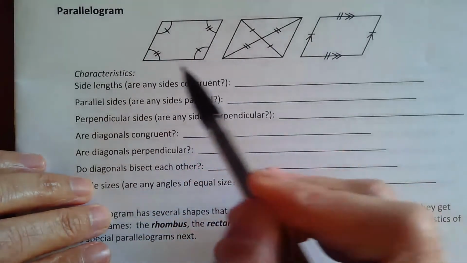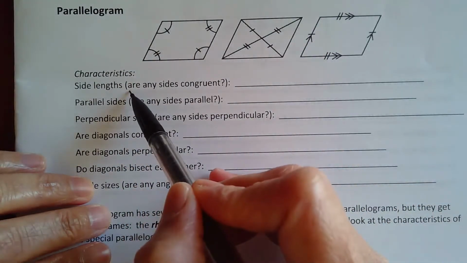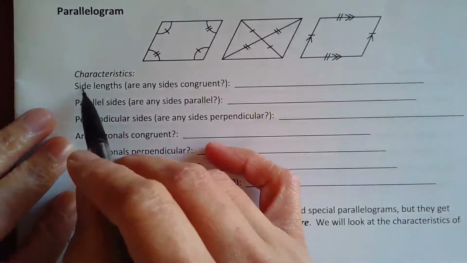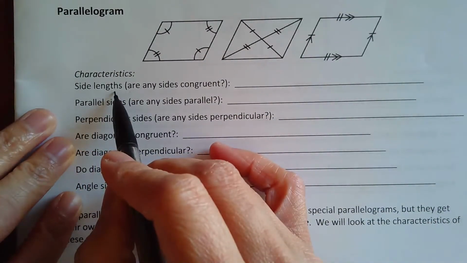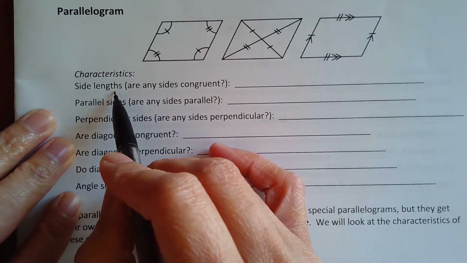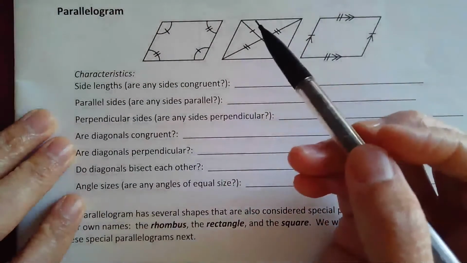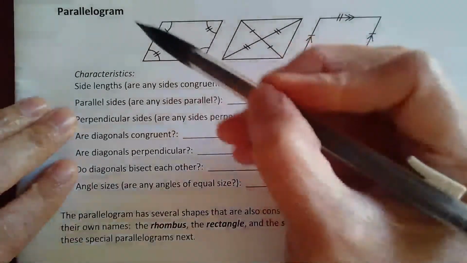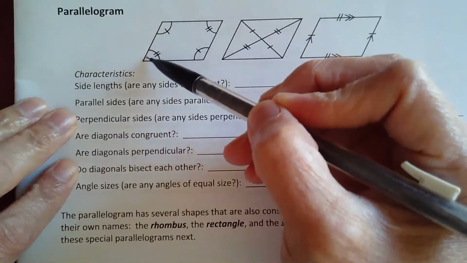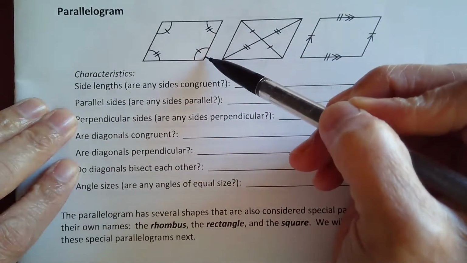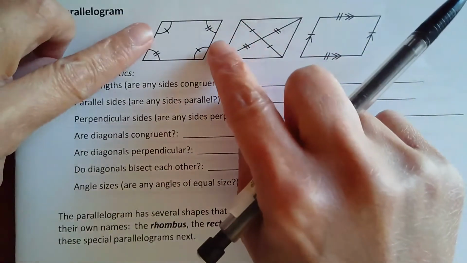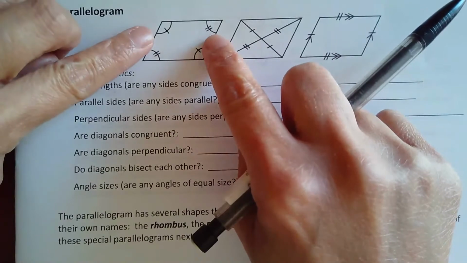So what does that mean? Side lengths. What do we know about their side lengths? Well, in terms of parallelograms, if I measure this side and I measure this side, these two sides are equal to each other.